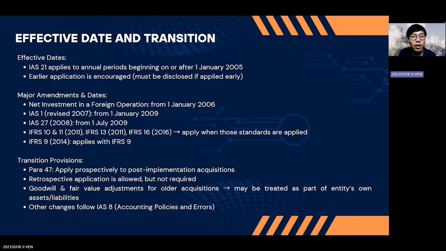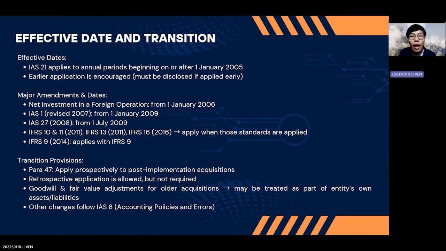Now, for the transition provisions, paragraph 47 should be applied prospectively only to acquisitions after the date of first application of the standard. However, retrospective application is also permitted if the entity chooses to do so. For foreign acquisitions that occurred before applying the standard, the entity does not need to restate those prior periods.